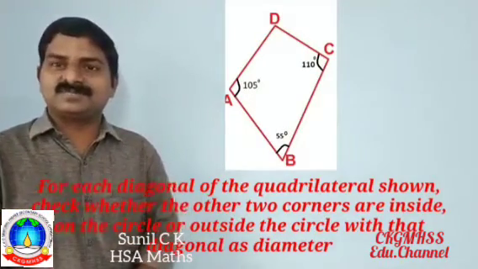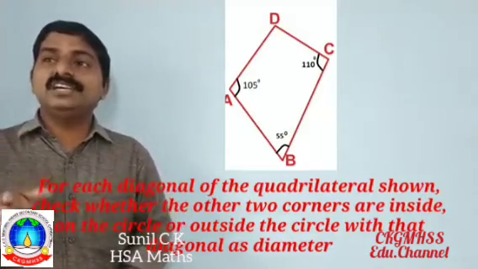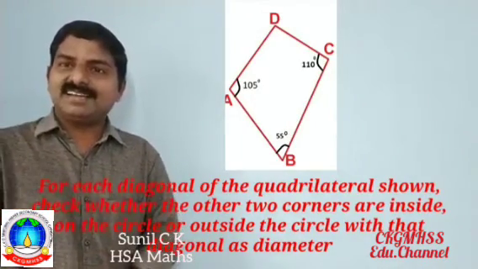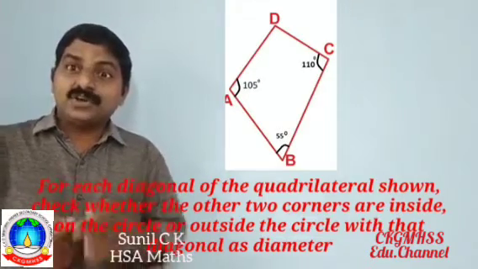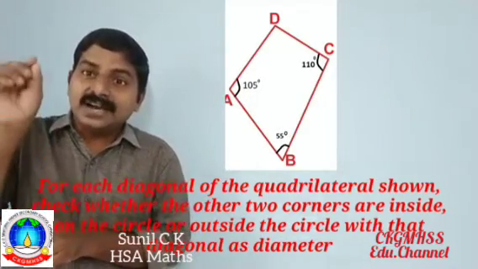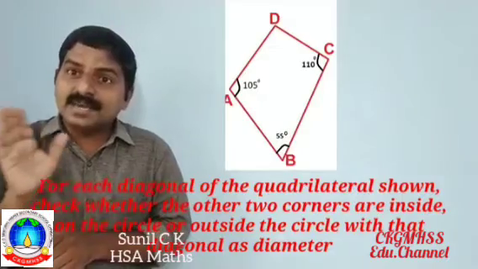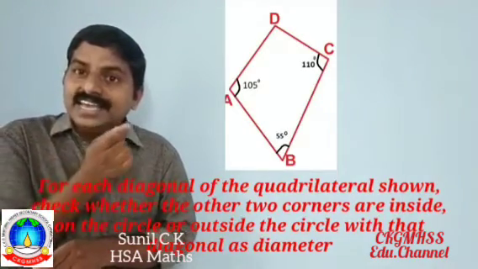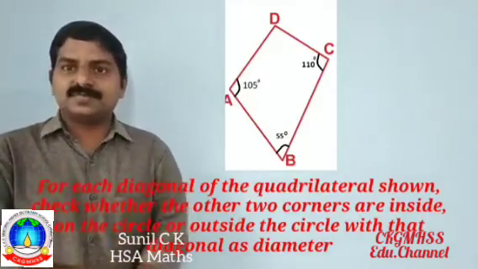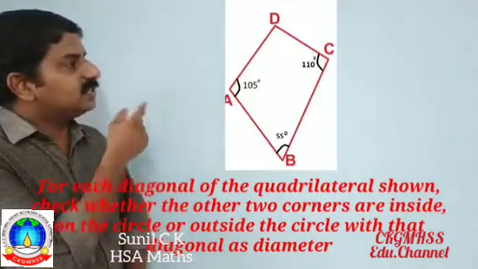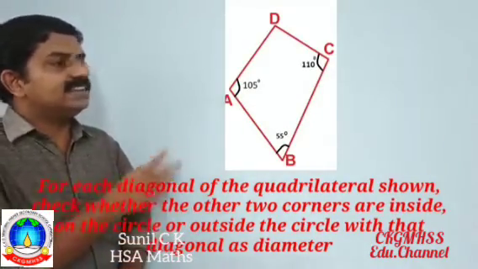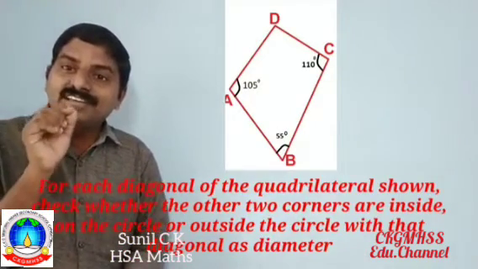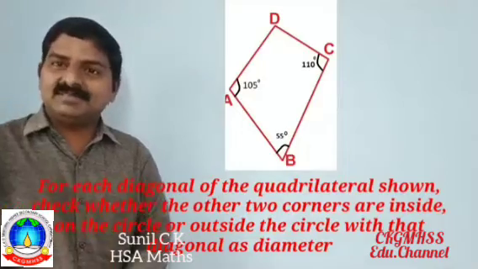That is the question. First we can take the diagonal BD. If we are drawing a circle with diagonal BD as diameter, then we have to check the points A and C. You see the measurement of angle A and C. Measures are 105 degrees and 110 degrees.